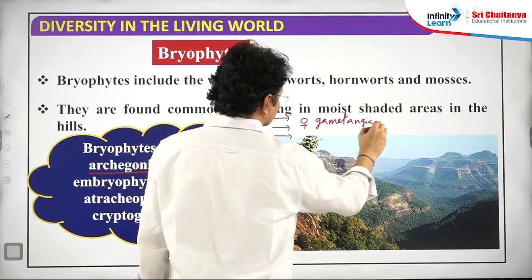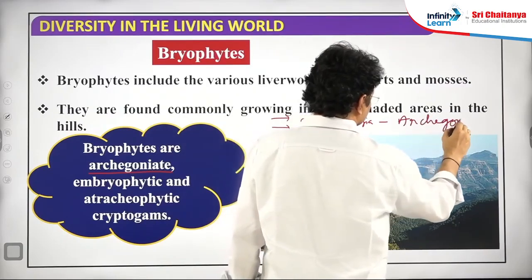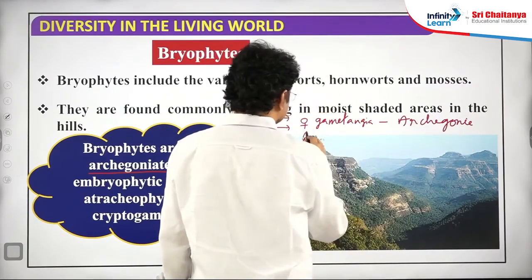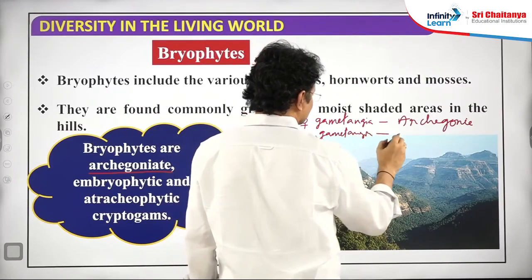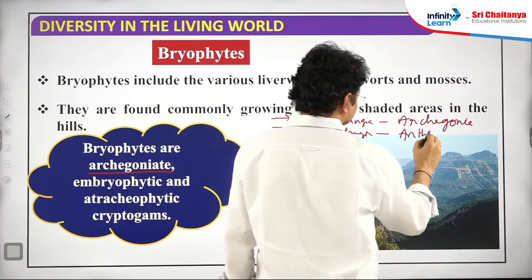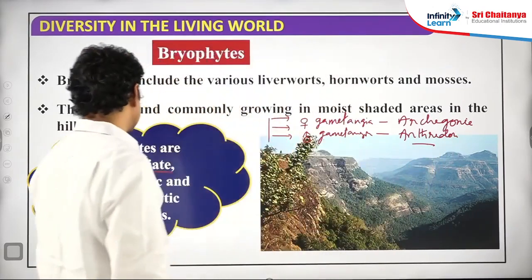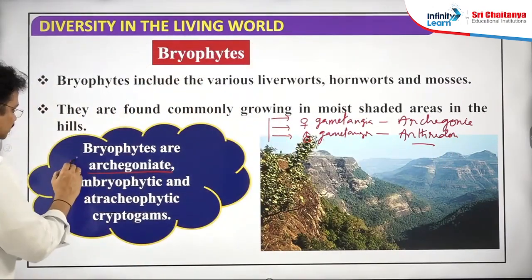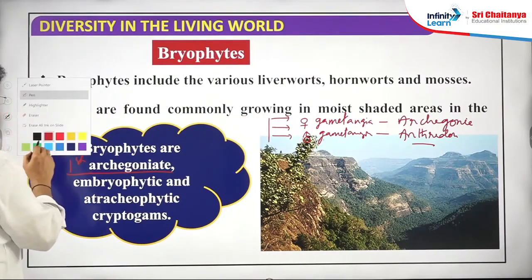Female gametangia are also called archegonia. Male gametangia are the male sex organs. These kinds of structures are first seen from Bryophytes onwards. Hence, Bryophytes are called first archegoniates in the plant kingdom. And these are first embryophytes also.